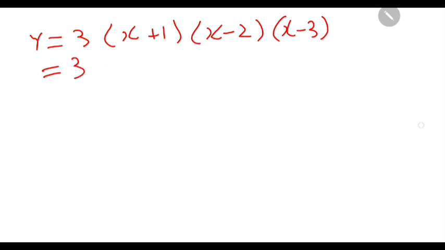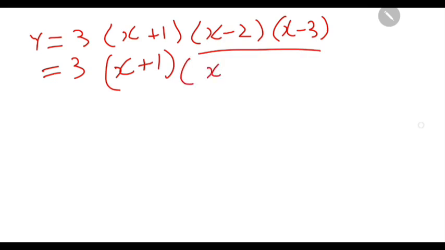It's your choice, you can do the first two or the last two, but I like to do the last two. (x - 2)(x - 3): the x multiply x becomes x square, then x times -3 is -3x, and then -2x, and negative times negative becomes positive 6.